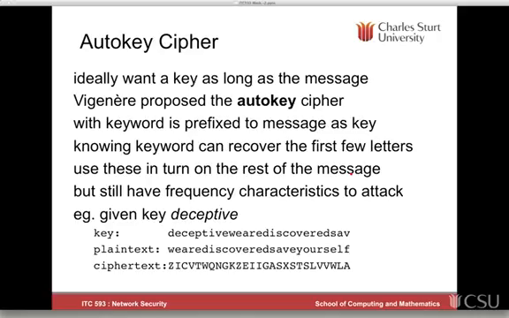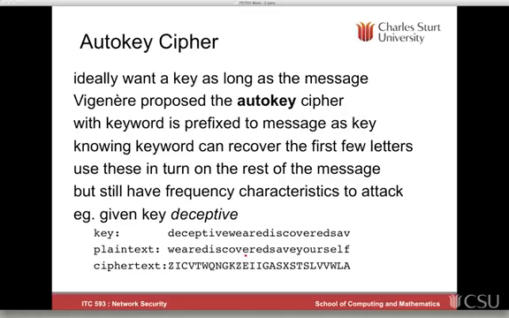One way of doing this with a small key is to use the autokey cipher. The example uses the keyword deceptive, prefixed to as much of the message as is needed. You can see in the slide the plaintext as it is used.